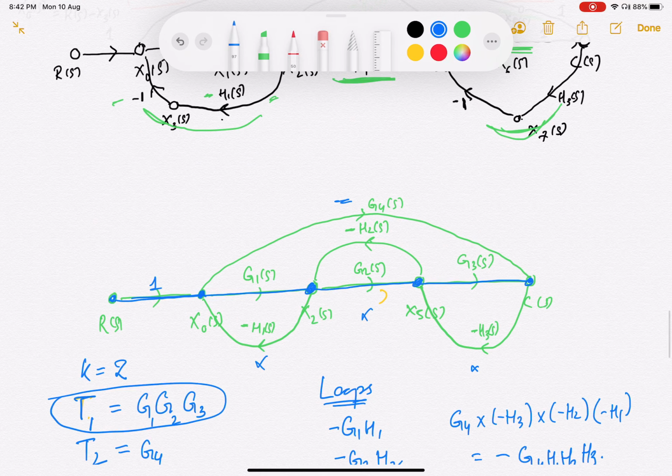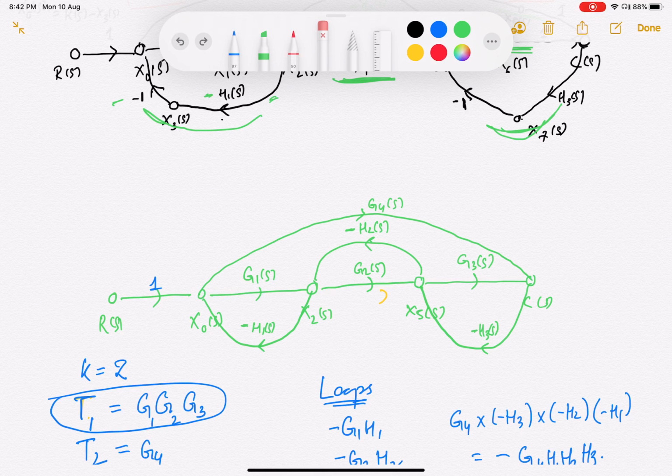Now the other one is delta 2. For delta 2, you have to remove the second forward path, right?